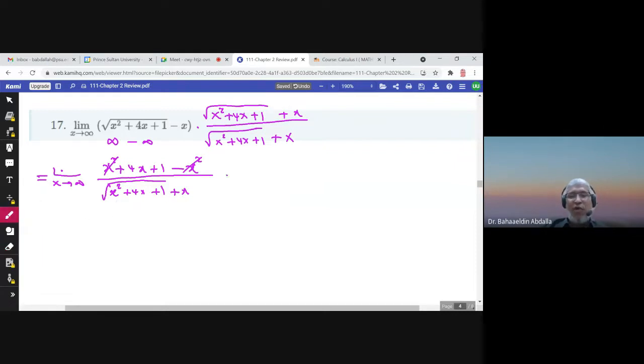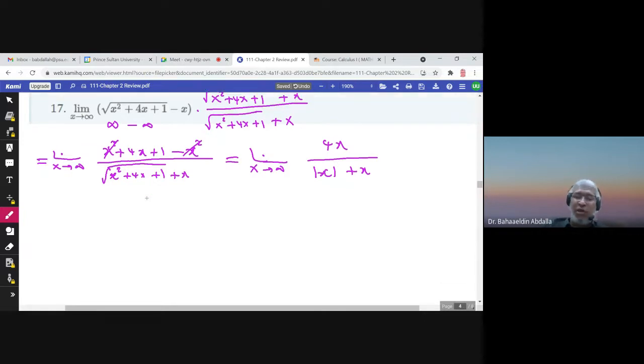So now we use our method and we take the highest power in the numerator and the highest power in the denominator. Notice that square root of x squared will give you absolute value of x. And you already have x outside the root. So you have to take into consideration these two terms and forget about square root of 4x plus 1.